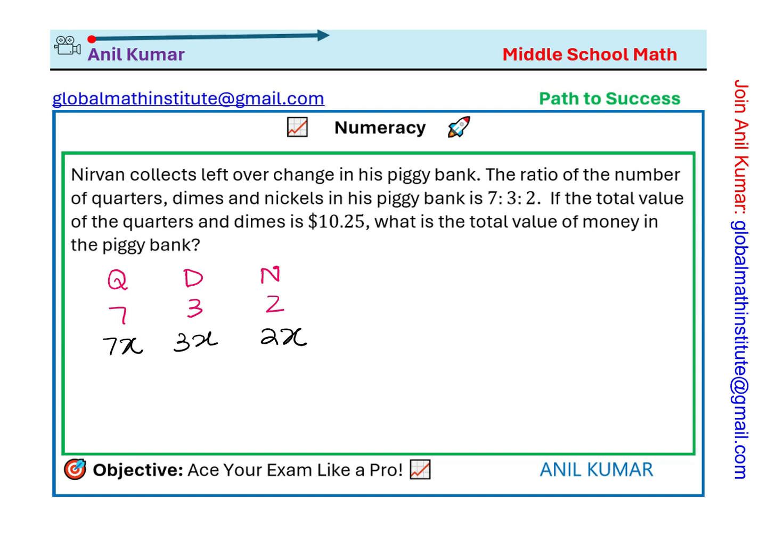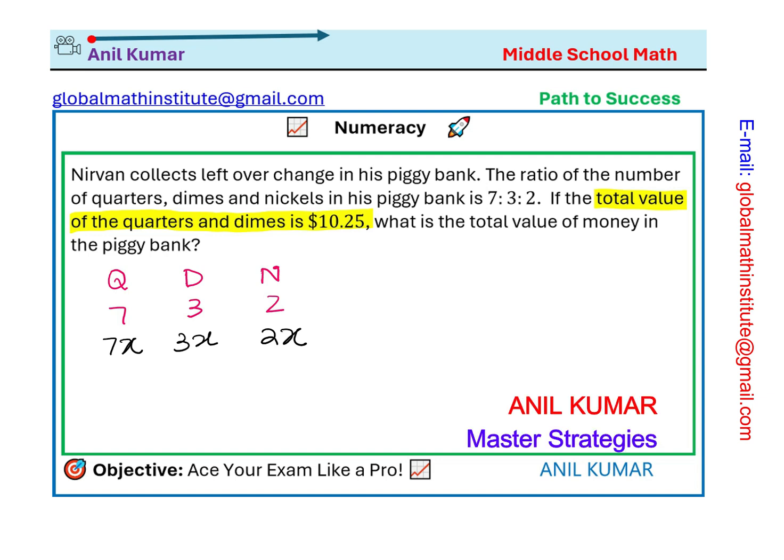Now we are given one more condition, and that is the total value of the quarters and dimes is $10.25. So if you combine them, the value is $10.25. What does that mean? Well, a quarter of a dollar is 25 cents.